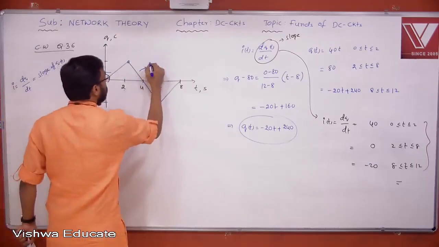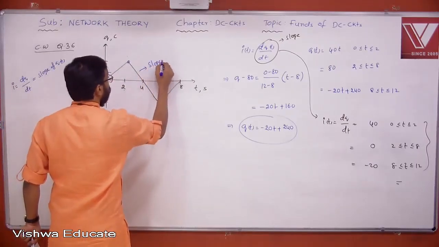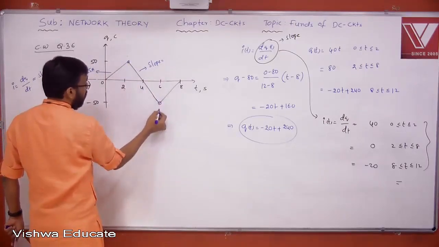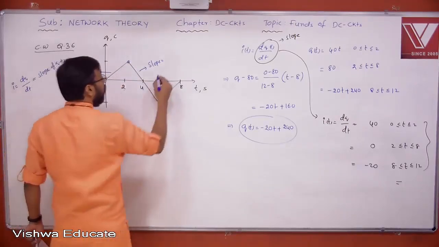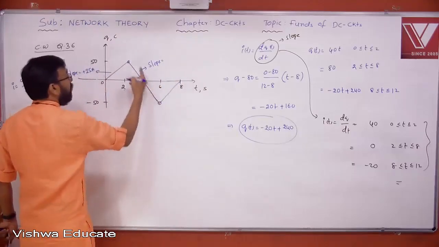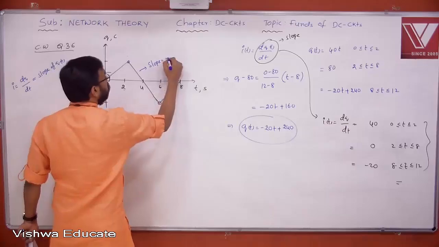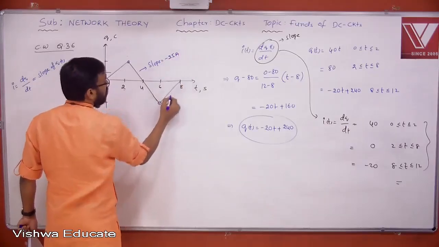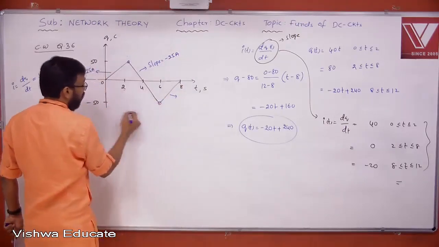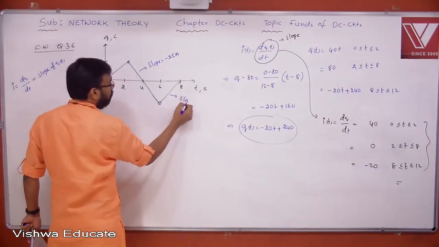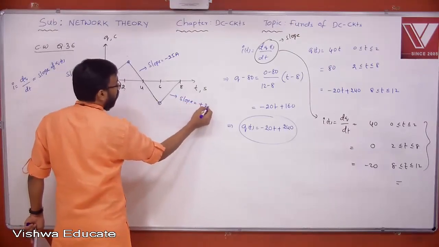Then here, what is the slope? You get negative. You can calculate it: 2 comma 50, 6 comma minus 50. Minus 50 minus 50, that is minus 100 by 4, you will get minus 25 ampere. Similarly, this one also, 6 comma minus 50 and 8 comma 0. Slope will become plus 25.